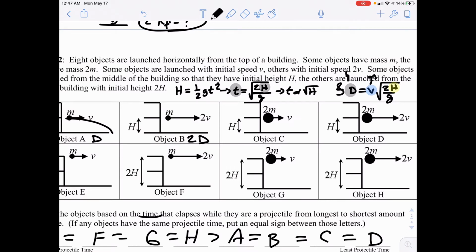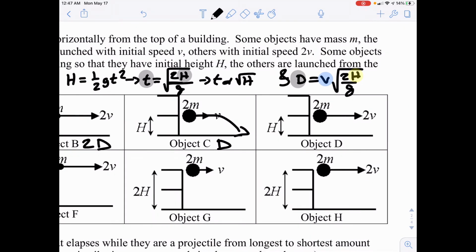Double this, double the distance. Here, we doubled the mass, but everything else stays the same, so you're still going to go distance D here. Object D is just like object B. You're doubling the mass, but that doesn't matter. You're doubling the speed, you double the distance. Keeping the time the same, we're going to go 2D.